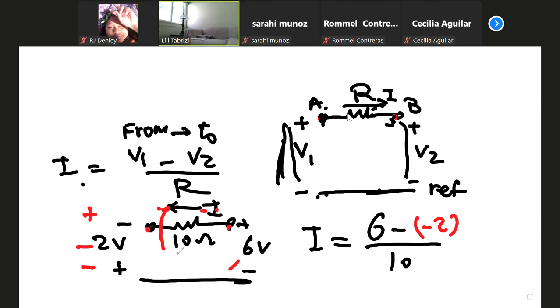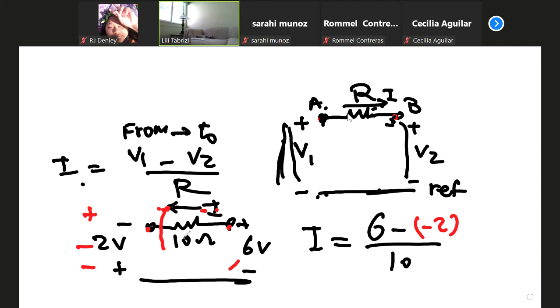Anytime you want to use this shortcut, notice that I did not put any polarities here. I'm just paying attention to the direction. Current goes from A to B, so it's voltage at A minus voltage at B. If the current goes from B to A, then it's voltage at B minus voltage at A divided by 2.